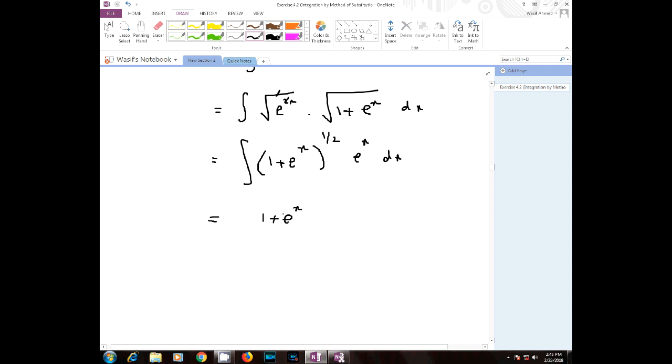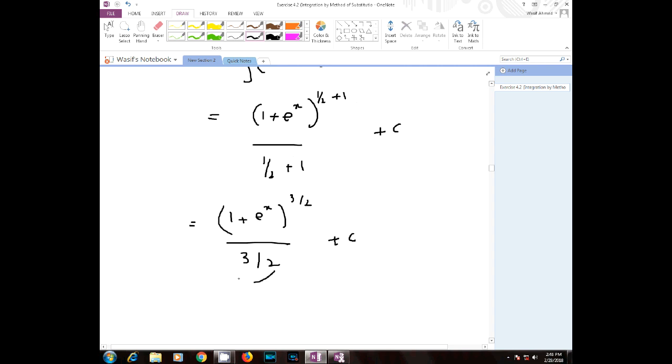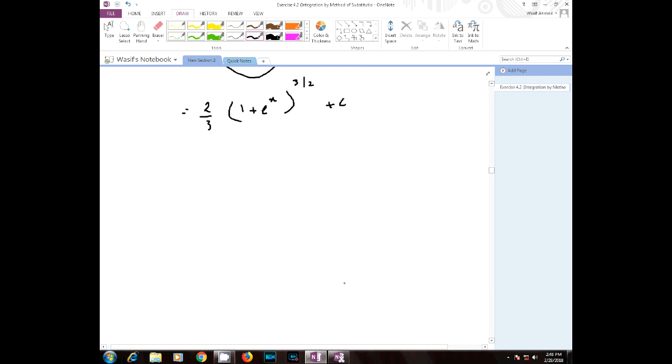So 1 plus e raised to the power x whole raised to the power 1 by 2 plus 1 divided by 1 by 2 plus 1 plus constant of integration, that is 1 plus e raised to the power x whole raised to the power 3 divided by 2 divided by 3 divided by 2 plus constant of integration. 2 has to be taken in the numerator, so 2 divided by 3, 1 plus e raised to the power x whole raised to the power 3 divided by 2 plus constant of integration. Hopefully this is the answer. Let me check it.